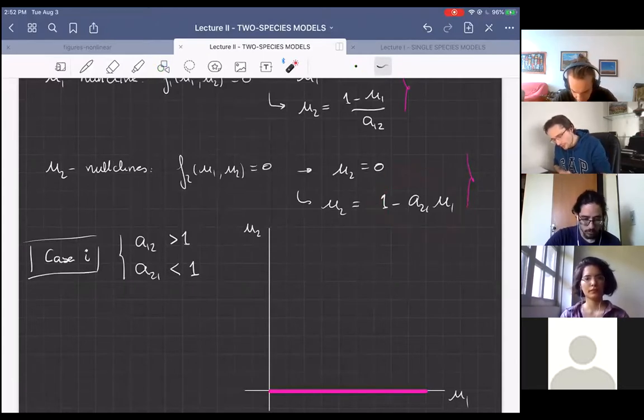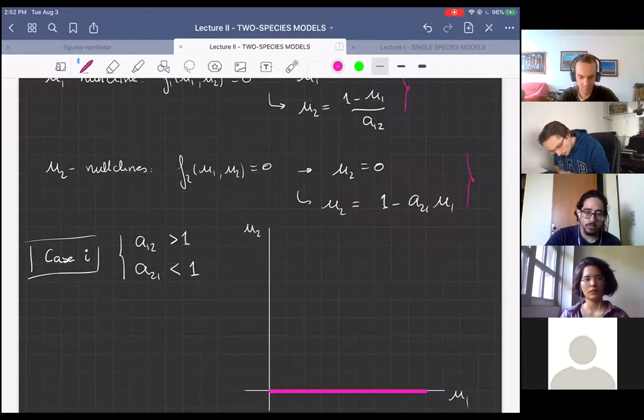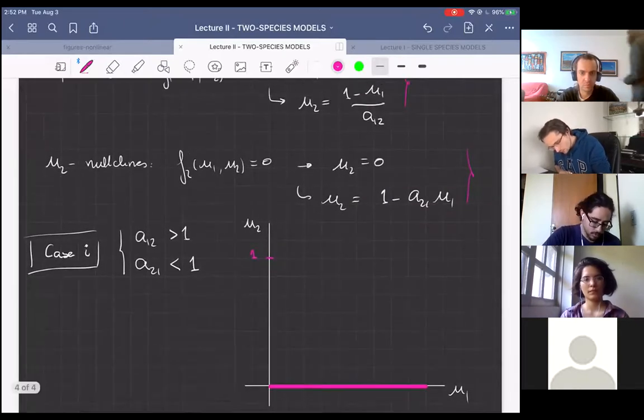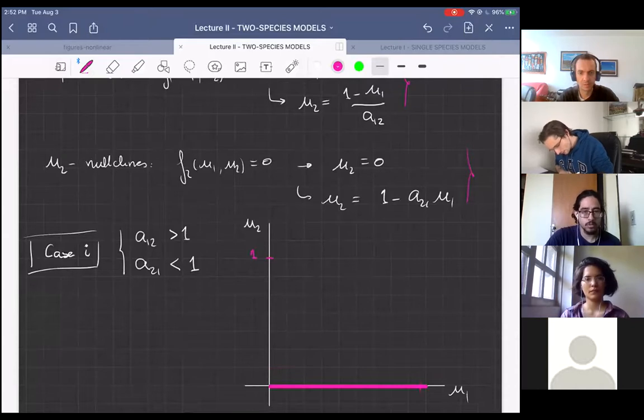So if U1 is equal to 0, this nullcline U2 is equal to 1. So I'm going to come here and put here my 1. And when U2 is equal to 0, this nullcline takes a value that is going to be 1 over A21, okay?